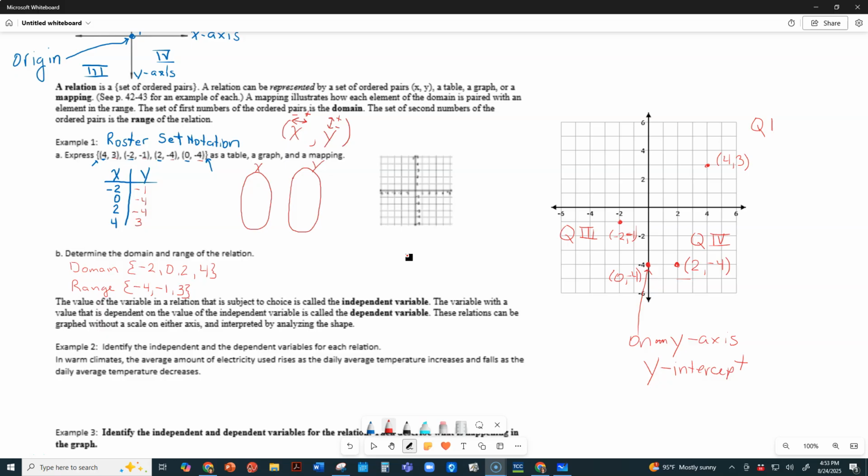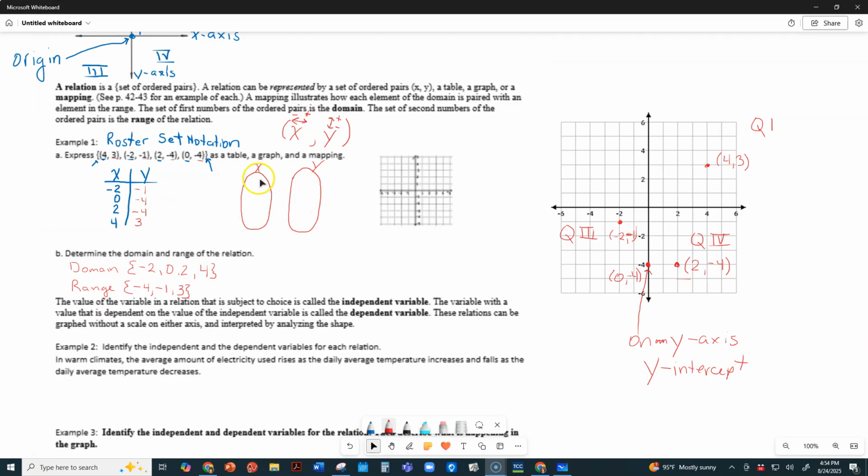However, for mappings, the numbers usually are written in numerical order, smallest to biggest, for both sets. We're not matching them up like we did over here at the table. If we were matching them up, it would just be a table inside of a circle. So it doesn't go the same way.